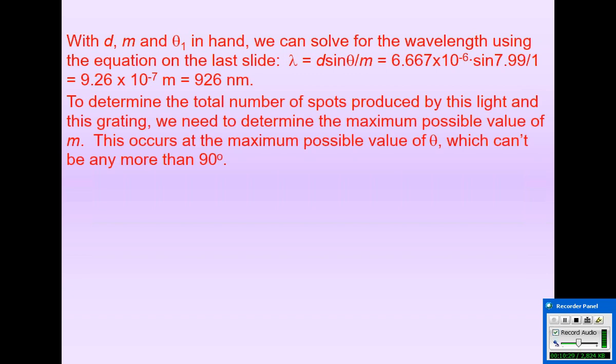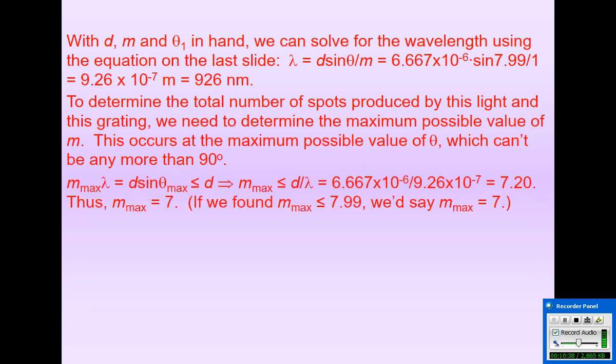We can do that by plugging in theta equals 90 degrees and calculating what m would have to be. If we are at the maximum possible value of theta, then we are conceivably at the maximum possible value of m.